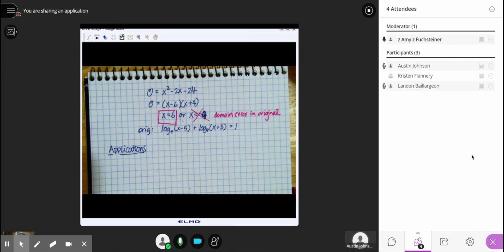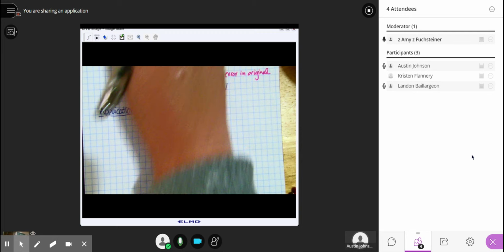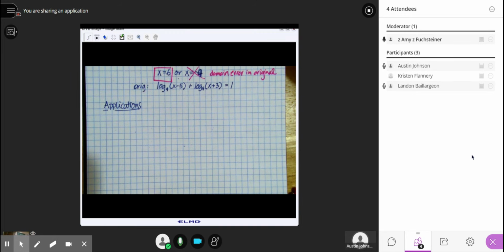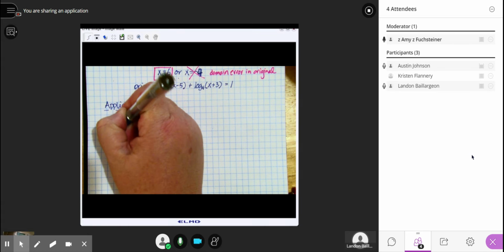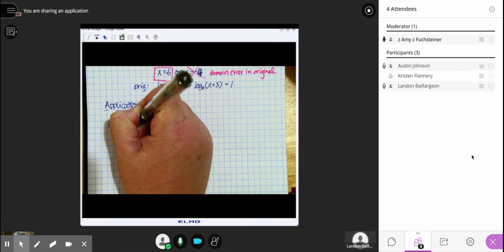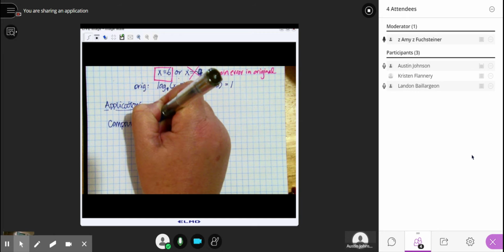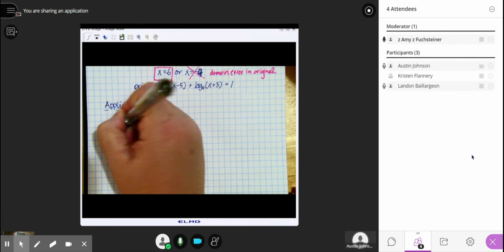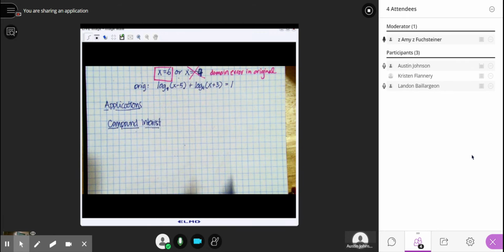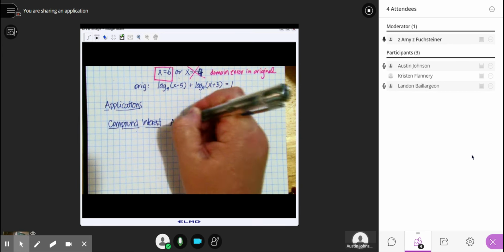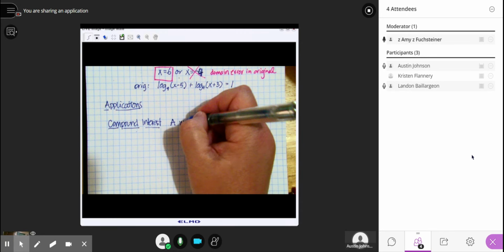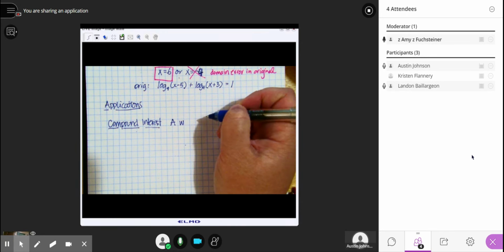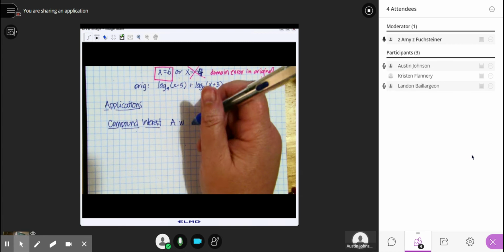All right, let's take a look at some applications. The first one is compounded interest. We've done some of these compound interest problems before, and I had said we wouldn't be able to find some pieces until we solved logarithms, which is what we're doing here.